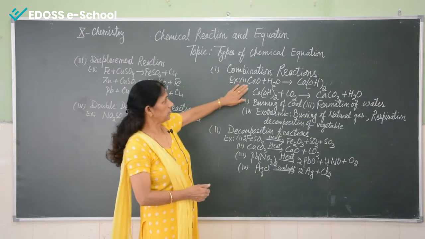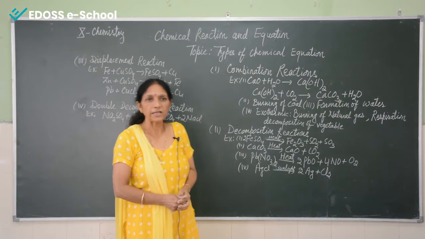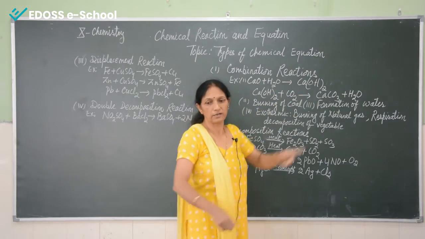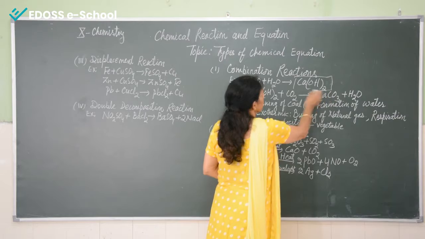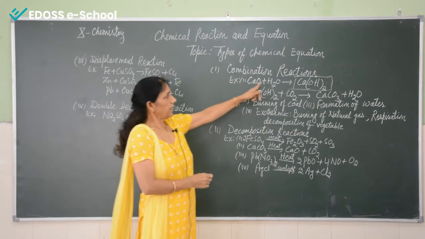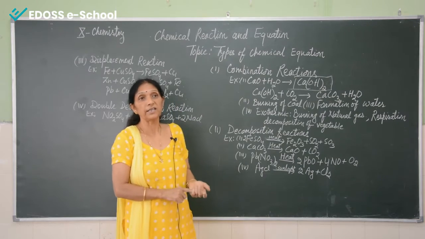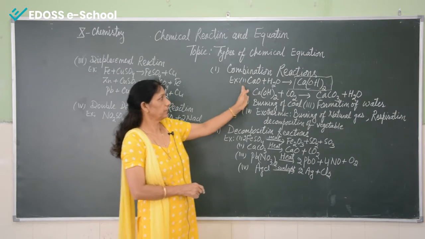Here you can see calcium oxide, and as soon as we add water to it, a single product is given. That means they are combining and giving calcium hydroxide, and this is a highly exothermic reaction. A lot of heat is given out in this reaction.